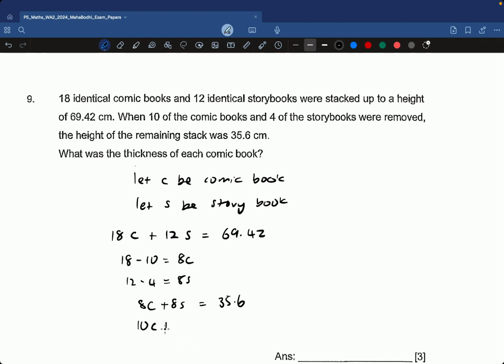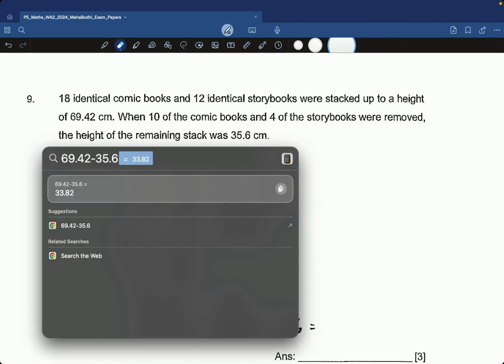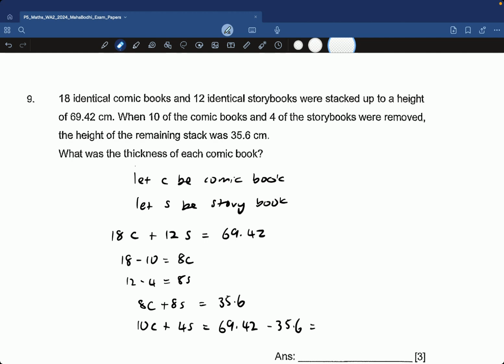So 10 comic books plus 4 storybooks, which is what was removed, is basically 69.42 minus 35.6. And this gives us 33.82.